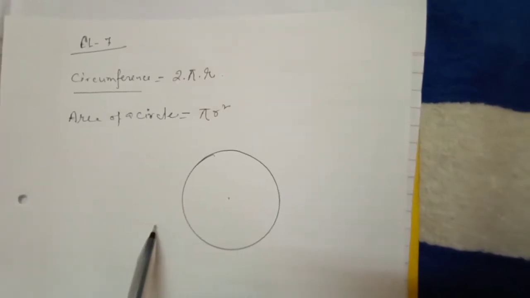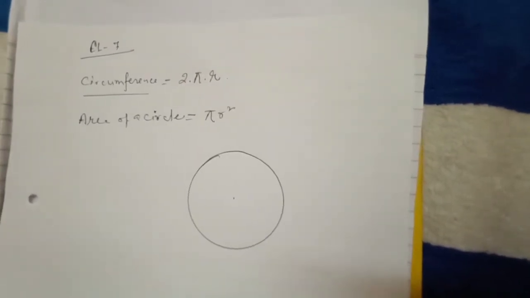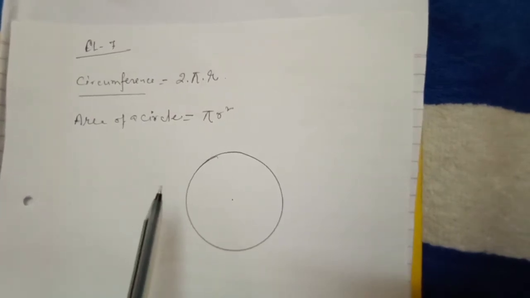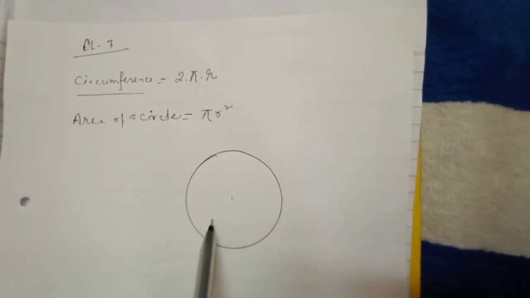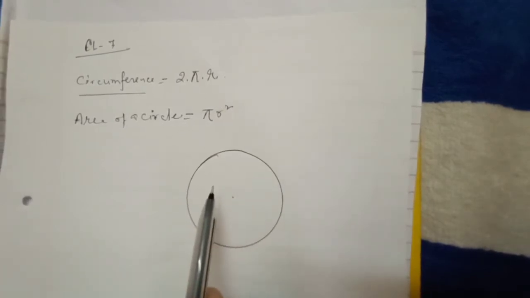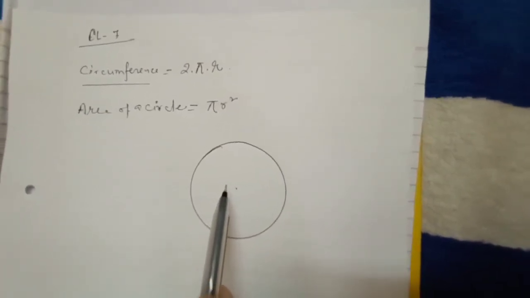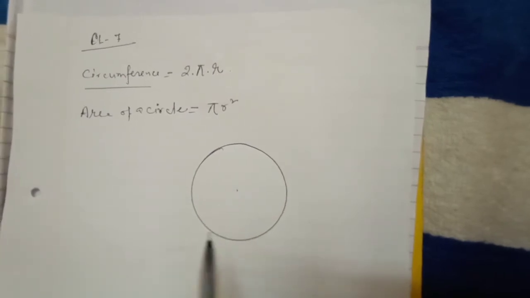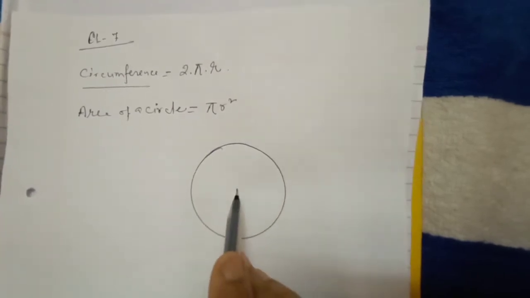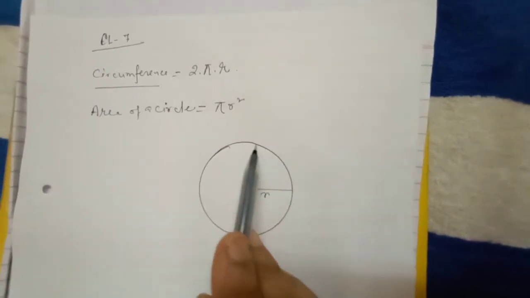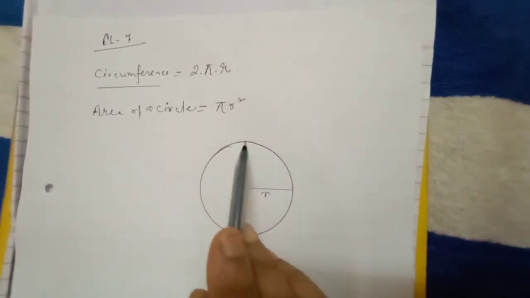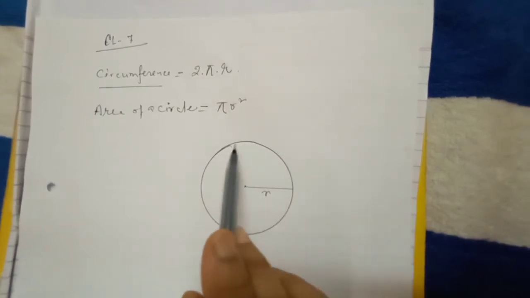Now we will start the next exercise, which is 11.3, where we need the circumference and the area of a circle. As we discussed in an earlier video, when you know the radius of a circle, it is very easy to find the circumference. Circumference means the boundary of the circle.